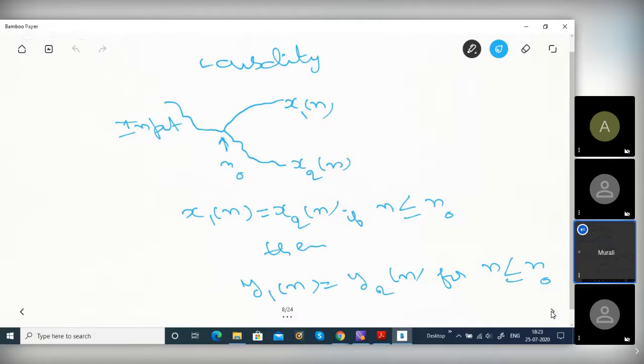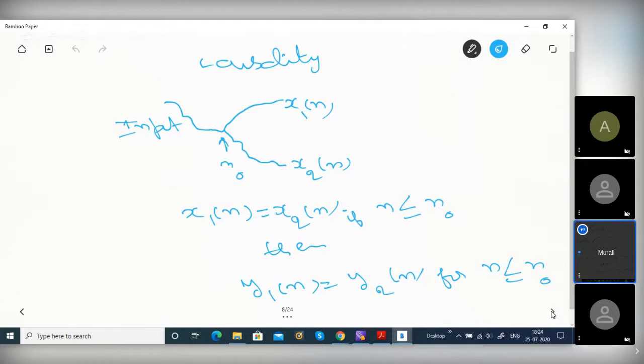Next is n naught minus 9, adding 1. At each time the output depends on whatever signal is there from minus infinity up to that time only.